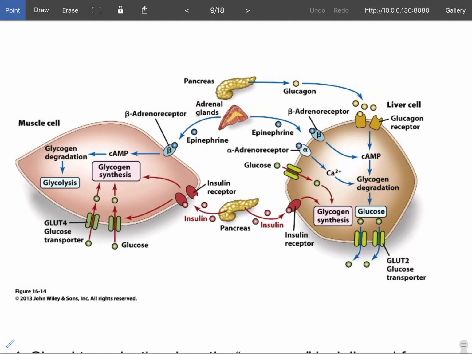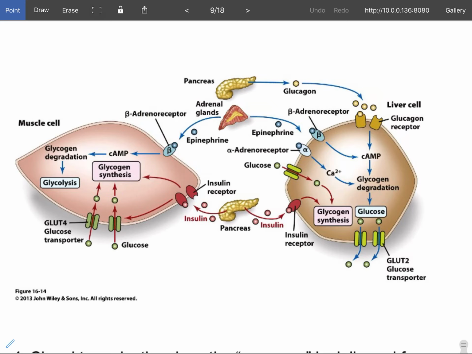Let's look at what happens with this other hormone, glucagon. And the way I remember this is the pancreas releases glucagon when glucose is gone, or at least at low levels. This has nothing to do with muscle cells. Notice muscle cells are not involved in this process because they're selfish. They don't care if the blood glucose levels are low. All they do is take.